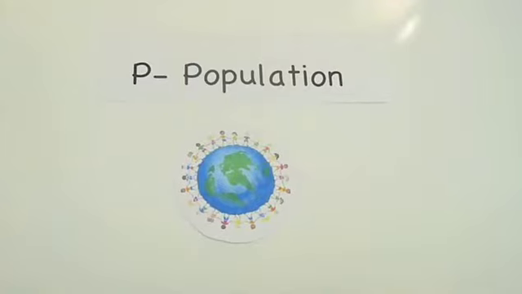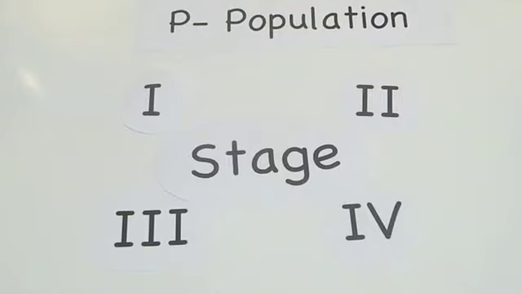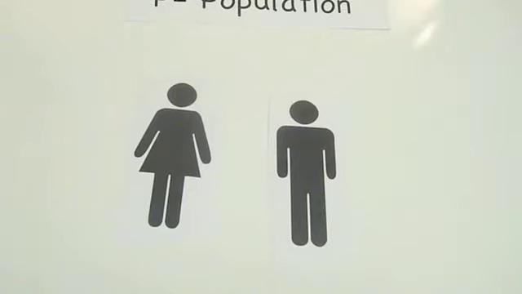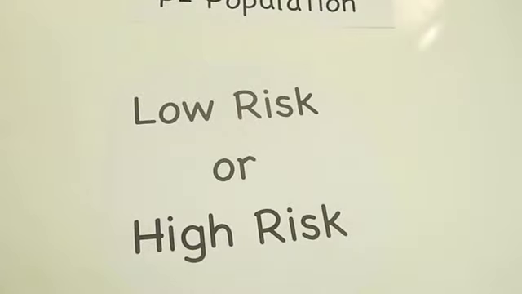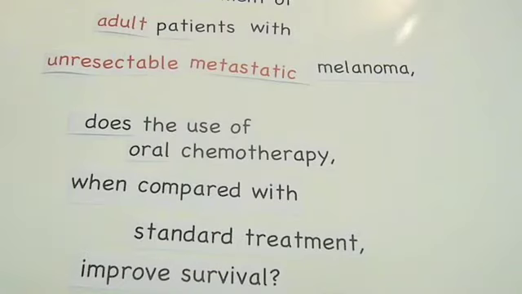When thinking about the population, we need to think about certain characteristics such as cancer type, stage of cancer, gender, age, risk group, treatment history, comorbidities, etc. In our example, we're only interested in adults with advanced melanoma that has spread to other parts of the body. So, a more precise population for our question would be adult patients with unresectable metastatic melanoma.